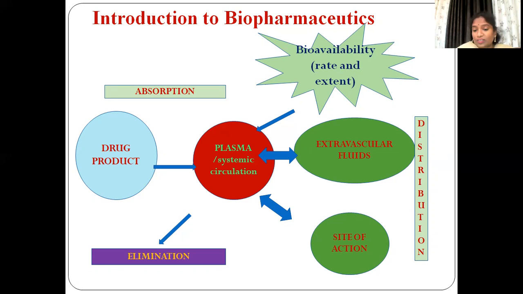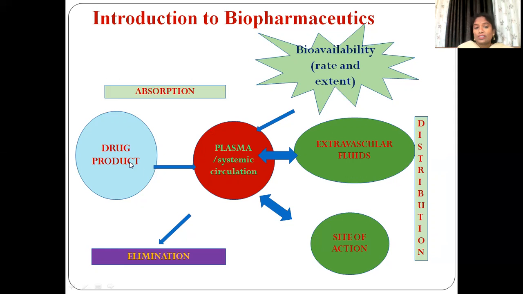After completion of the pharmacological action at the site of action, the drug is not active anymore. So after completion of the action, it should return to the systemic circulation.